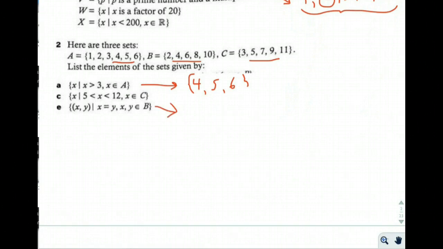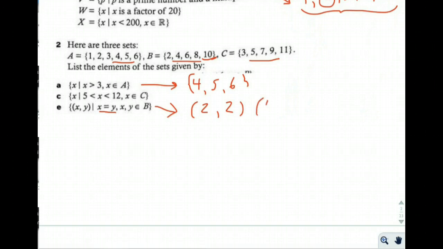Let's go to this one with the coordinates. The coordinate pair (x, y) such that x equals y, and x and y are from the set B. Well, there's (2, 4), (2, 6), (2, 8), (2, 10), but it has to be x equals y, so the only combination with 2 that satisfies that would be (2, 2).